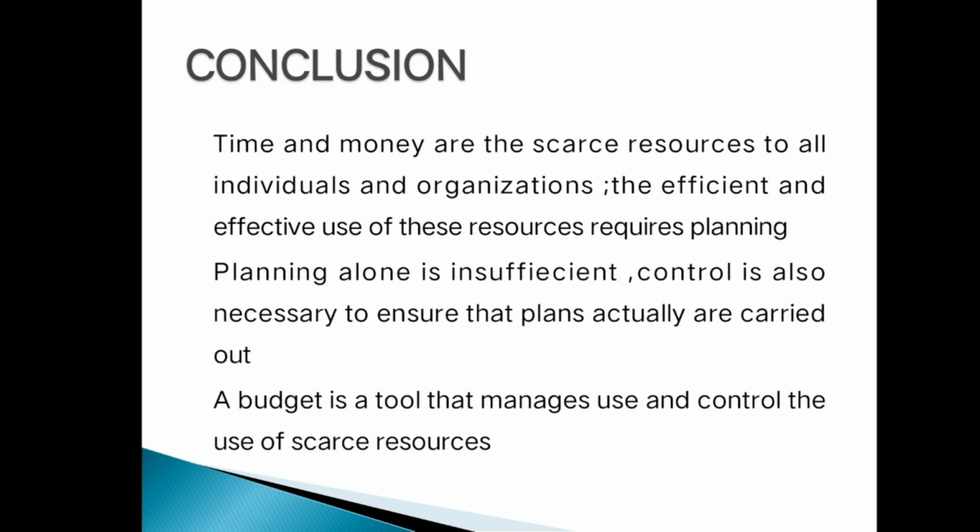So far we have discussed all this budgeting in both hospital and educational institutions. Planning alone is insufficient. We should not only have proper planning, but also proper control over the equipment. We have to ensure the budgeting is a visionary process.